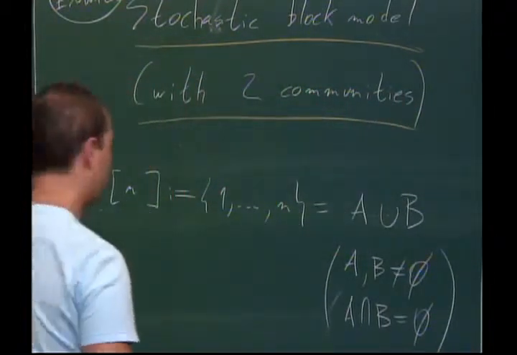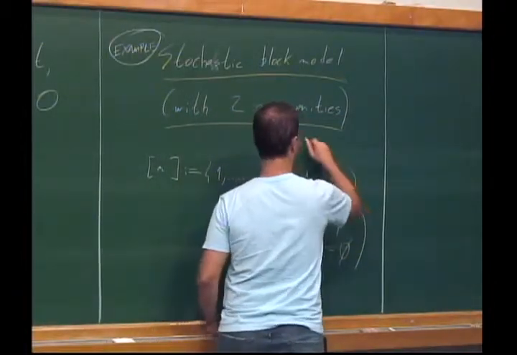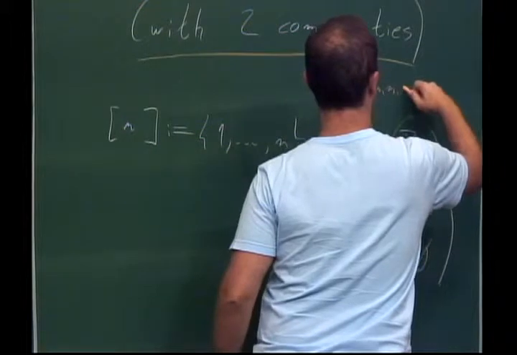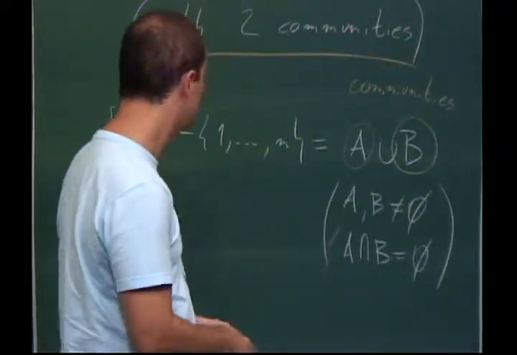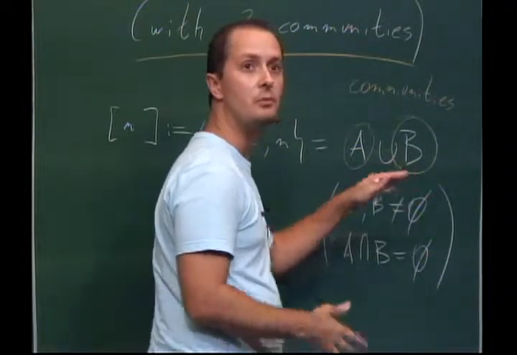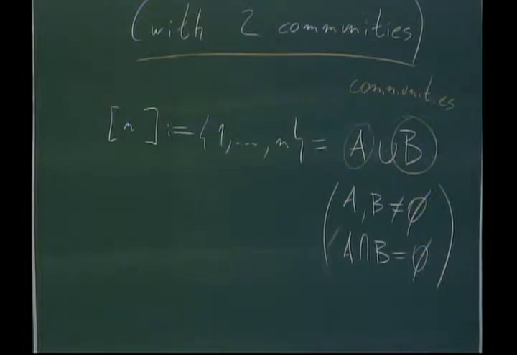And for reasons that will become clear later, these are the communities. So you can think that these are just two different groups of people in some sense, labeled by numbers from 1 to n.